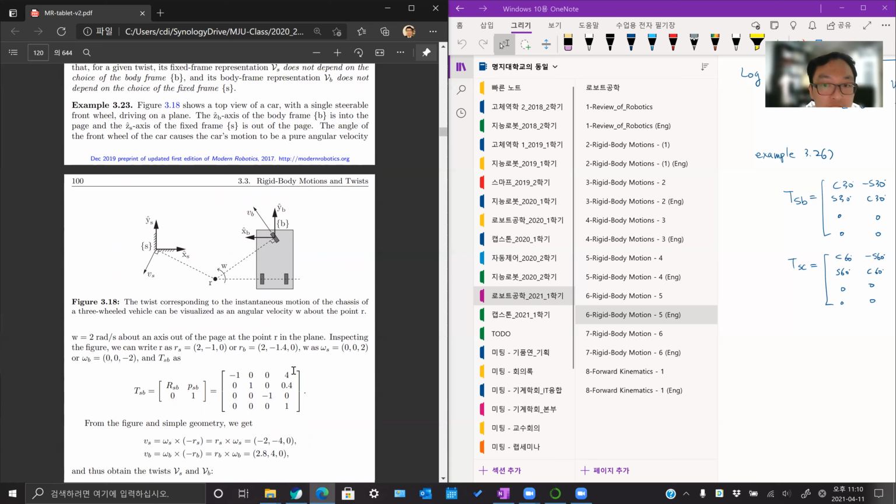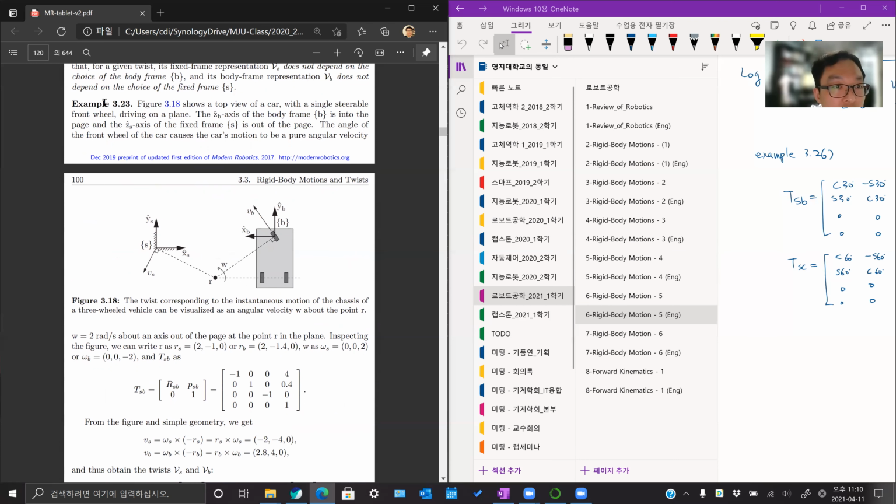Okay, let's solve example 3.23. In this example, we showed top view of a car with a single steering front wheel. So this one is front wheel and steering wheel. The Z_B is axis of the body frame B, and go into the page.